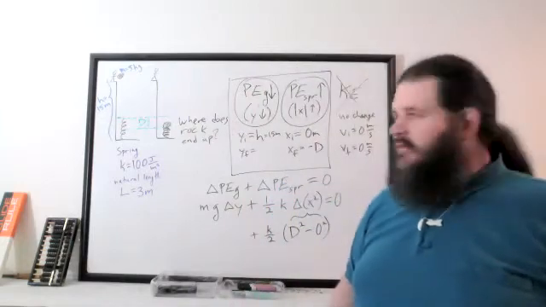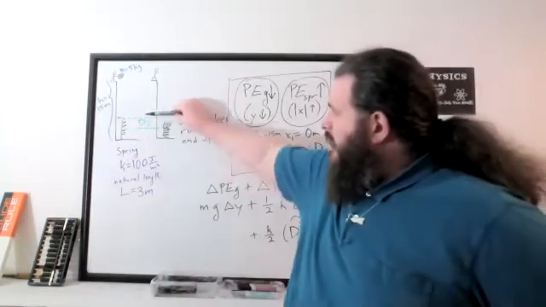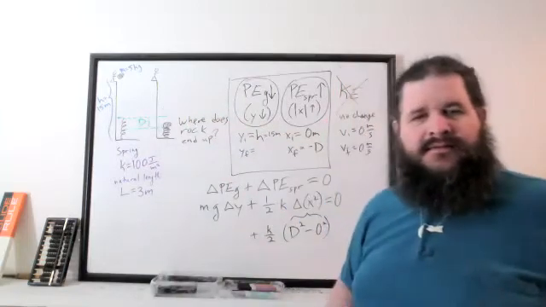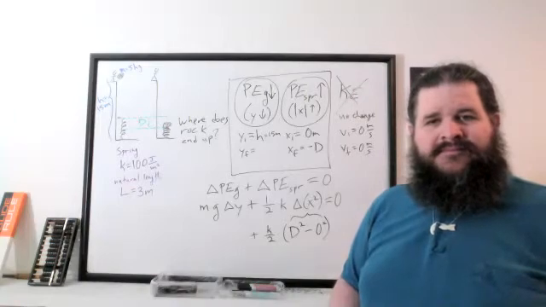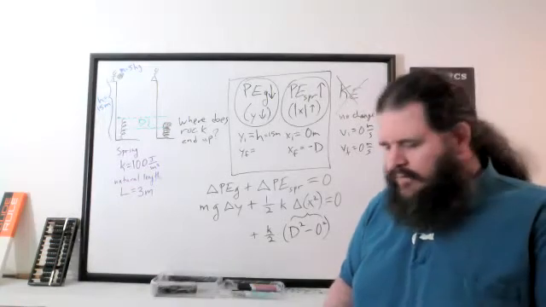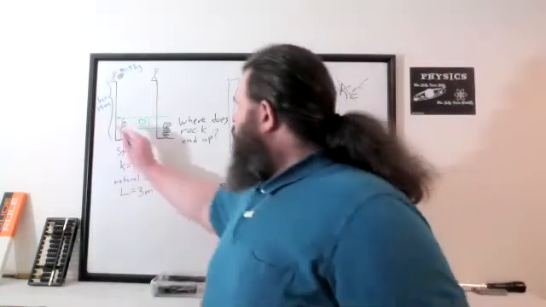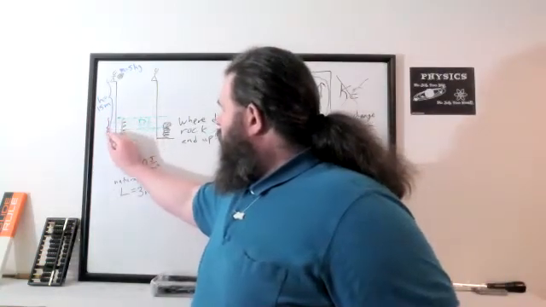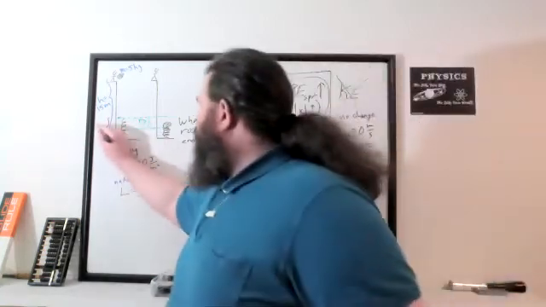D is just the distance from the top of the spring down to where it ends up. And what are we calling the height of the top of the spring? That's the equilibrium height, right? Which is how high up? Yeah, that's 3 meters, L.